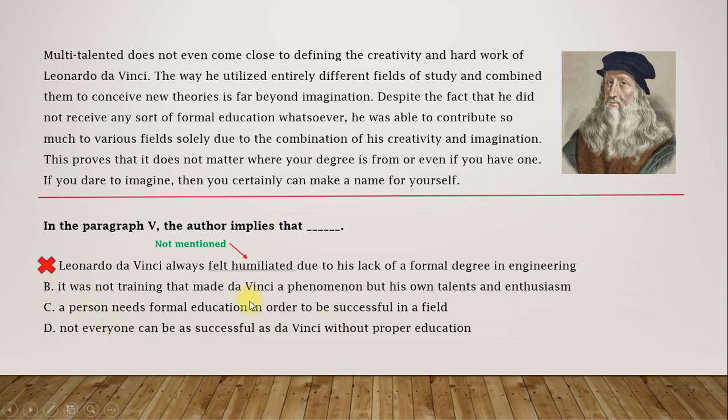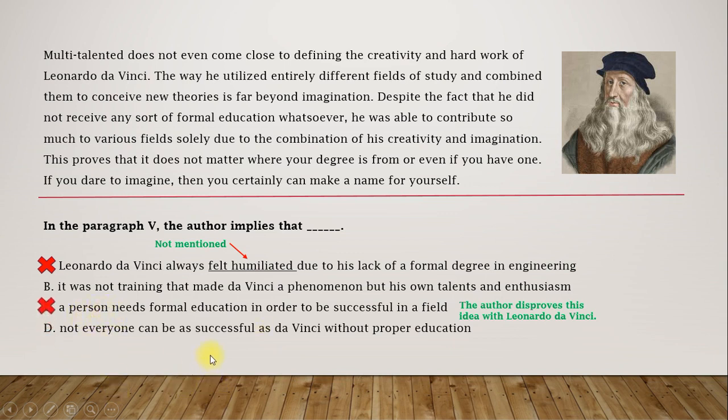It was not training that made Da Vinci a phenomenon, but his own talents and enthusiasm. This sounds correct, but let's go over the other options as well. A person needs formal education in order to be successful in a field. The author disproves this idea with Leonardo da Vinci, so C can't be the correct answer.